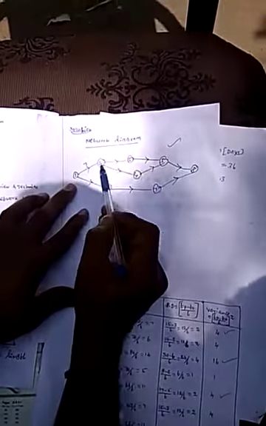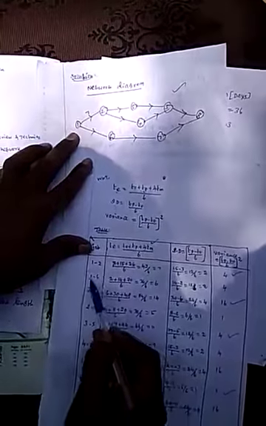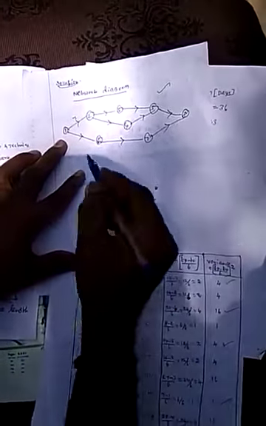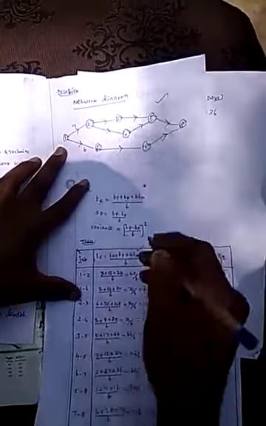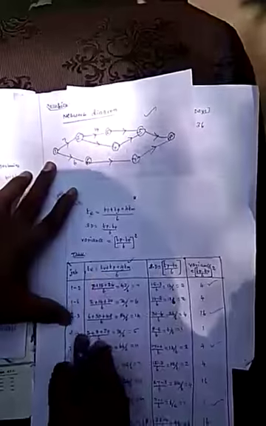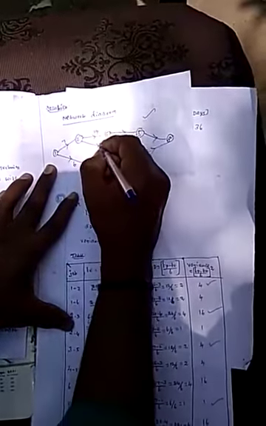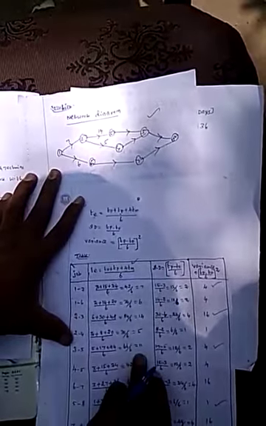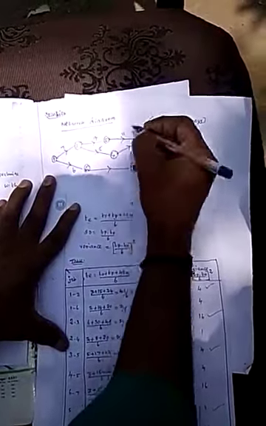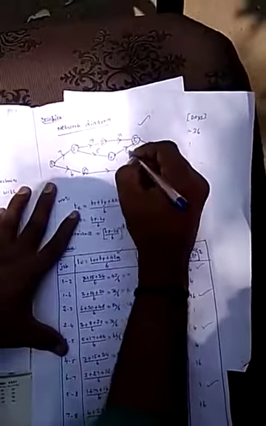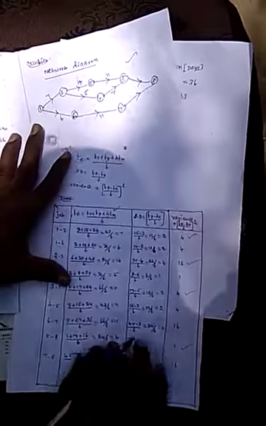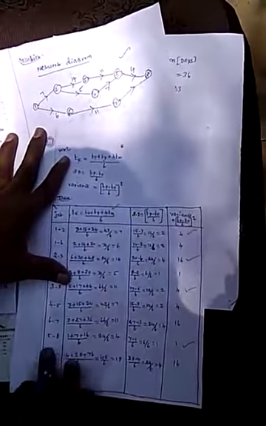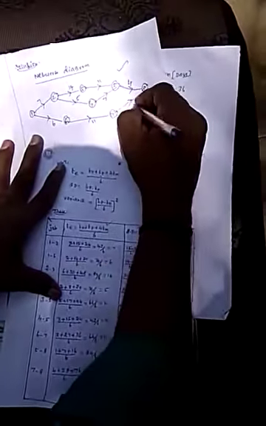Next, 1 to 6, its duration is 6. 2 to 3, its duration is 14 days. 2 to 4, 5 days. 3 to 5, 11 days. 4 to 5, 7 days. 6 to 7, 11 days. 5 to 8, 4 days. 7 to 8, 18 days.